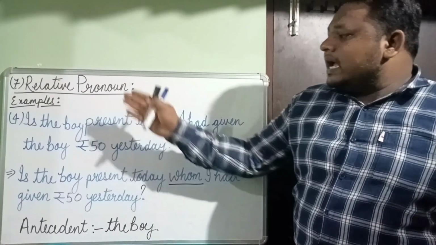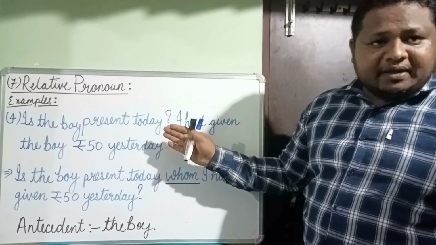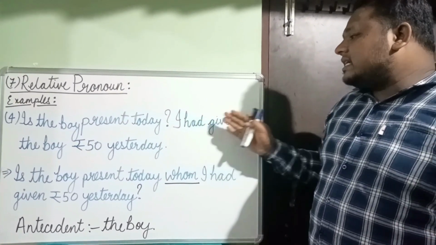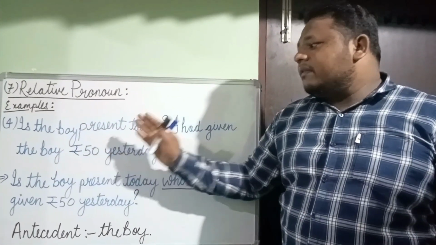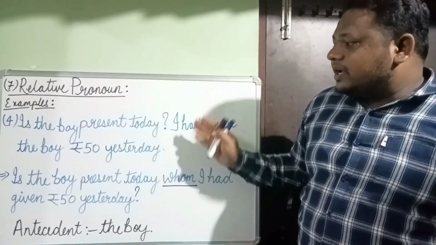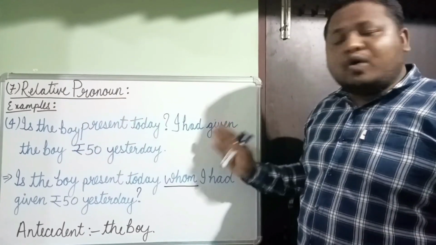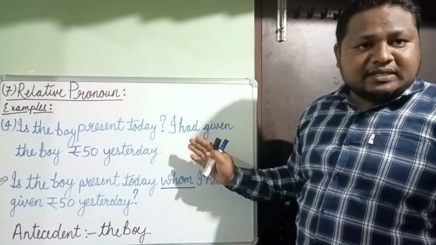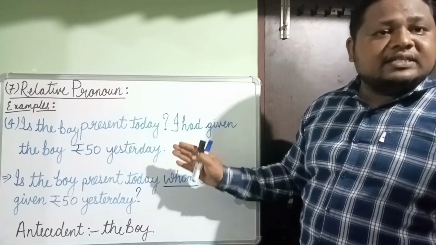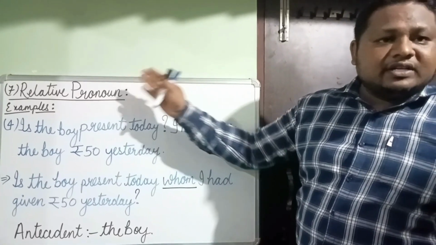Example 4. Is the boy present today? I had given the boy 50 rupees yesterday. So here we have two sentences and the boy is common in both the sentences. So we can join these two sentences using a suitable relative pronoun.